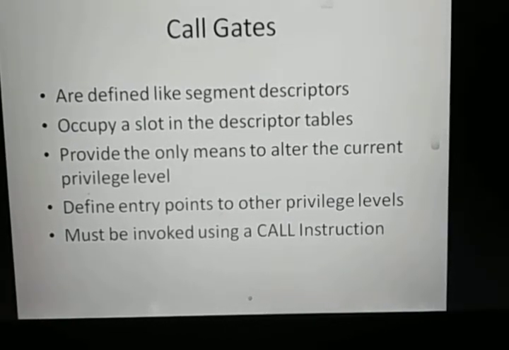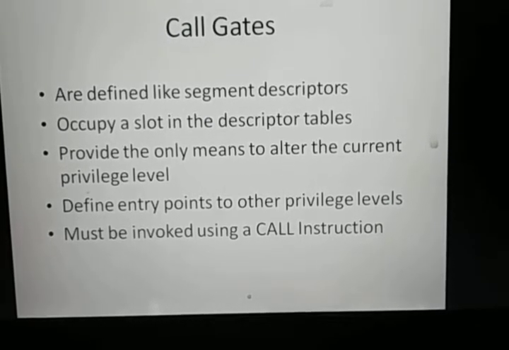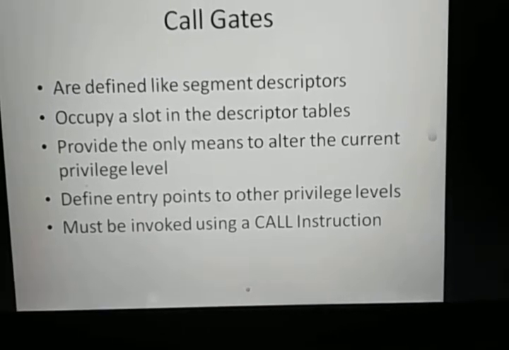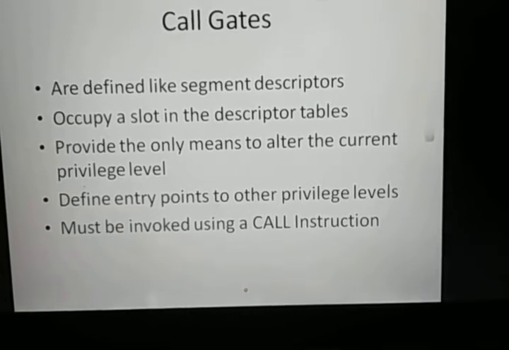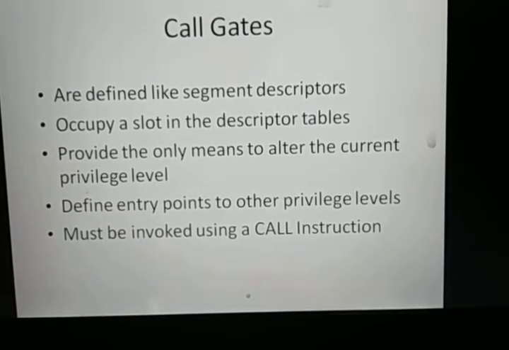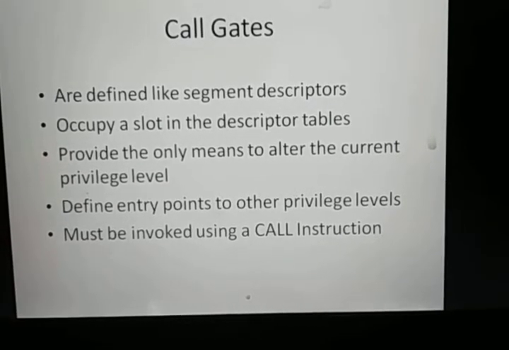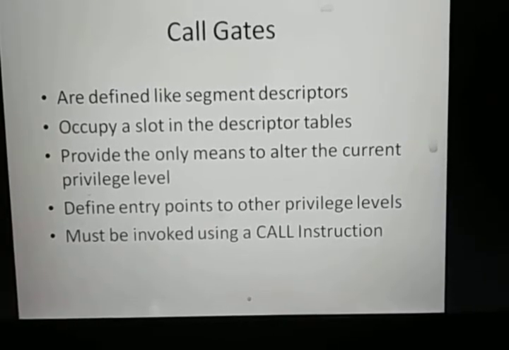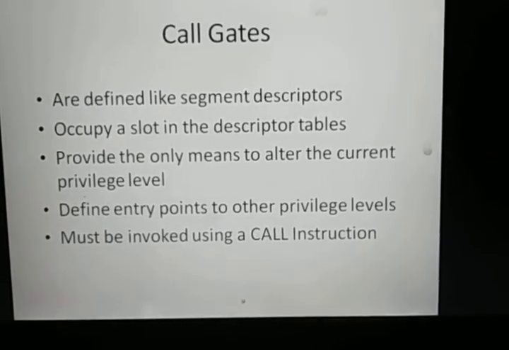So this is the definition of a call gate. A call gate is also a segment descriptor like the code segment, data segment and extra segment, and has a slot in the descriptor table like those other descriptors. The call gate resides in the descriptor table, and we use it for changing the current privilege level for accessing higher privilege level data.